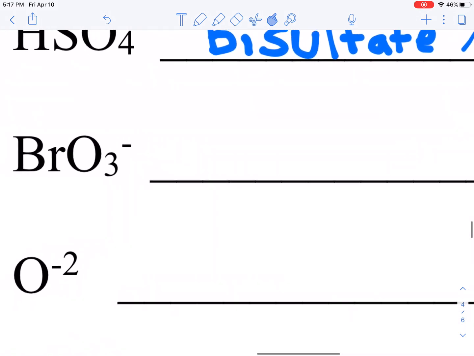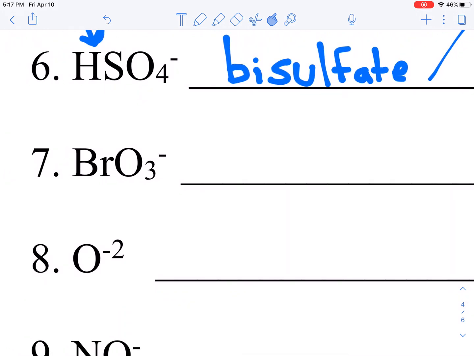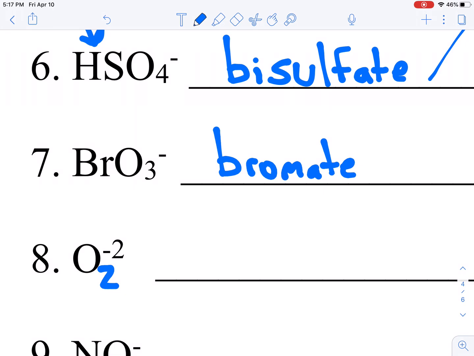Looking at BrO3 minus, well, BrO3 minus is on your list already. This is just straight up bromate. Nothing to see there. O minus 2. You might look at your list and see something similar, and it might look like this, right? O2 minus 2. And here's the danger that a lot of people want to do. They want to say, well, okay, O2 minus 2, this is peroxide.